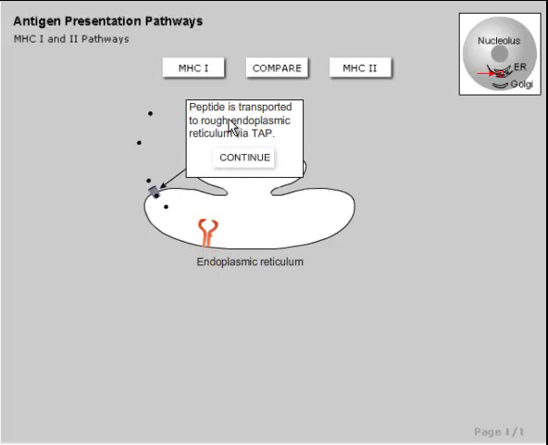So the peptide antigens that are coming from the surface proteins of the bacteria that got engulfed and got eaten by this cell, pieces of these peptides are going to get transported inside the endoplasmic reticulum. So it's going to be transported through this TAP protein, which is a transporter associated with antigen processing. So it's kind of a wordy nomenclature for this protein, but you can just call it the TAP protein.